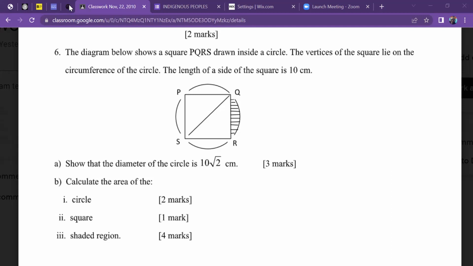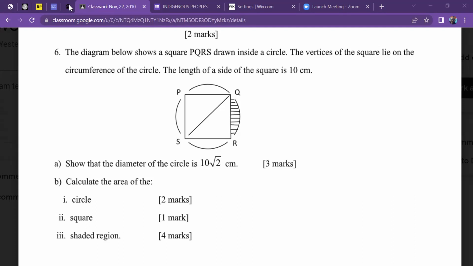It says we have a square inscribed in a circle. The square PQRS is drawn inside the circle. The vertices of the square lie on the circumference of the circle. Each length of the square is 10 centimeters, and we want to show that the diameter of the circle is 10 root 2.